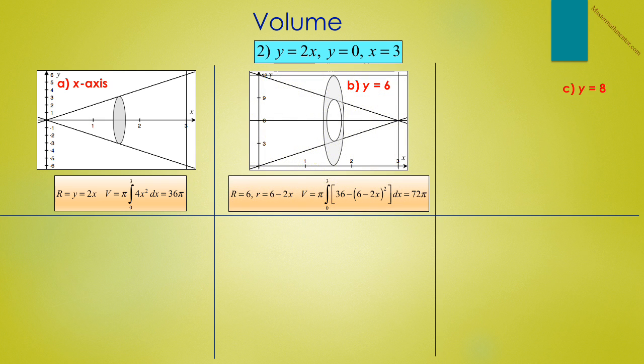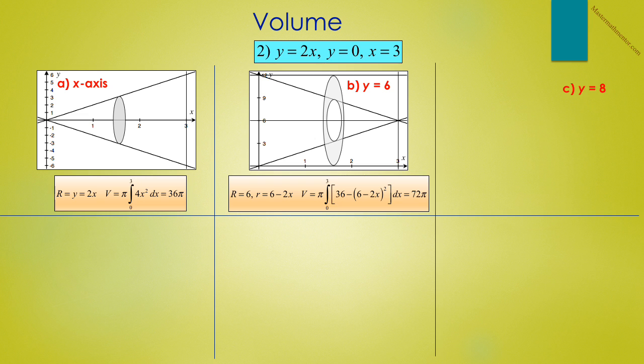In B, we rotate our region about the line y is equal to 6. So we draw a mirror image of our region across the line y equals 6, and we see that this is a washer situation with the outside radius 6 and the inside radius 6 minus y, which is equal to 6 minus 2x, as again, this is a dx problem.